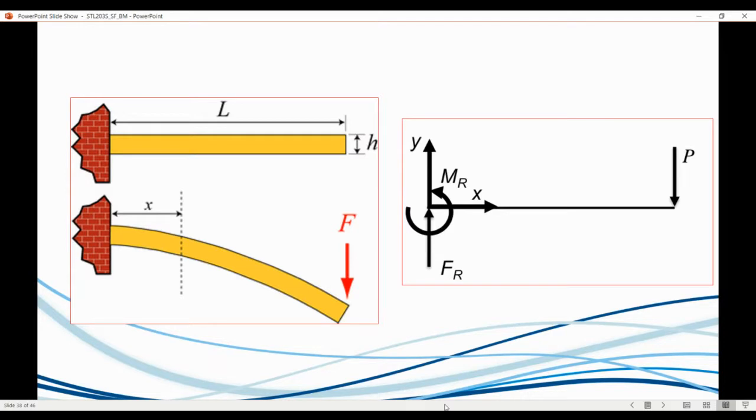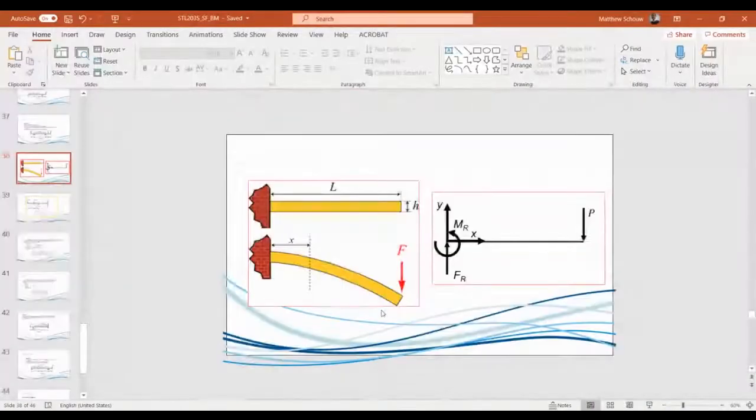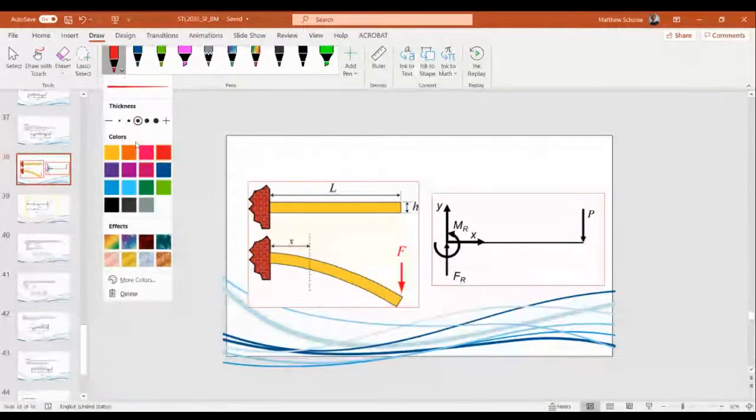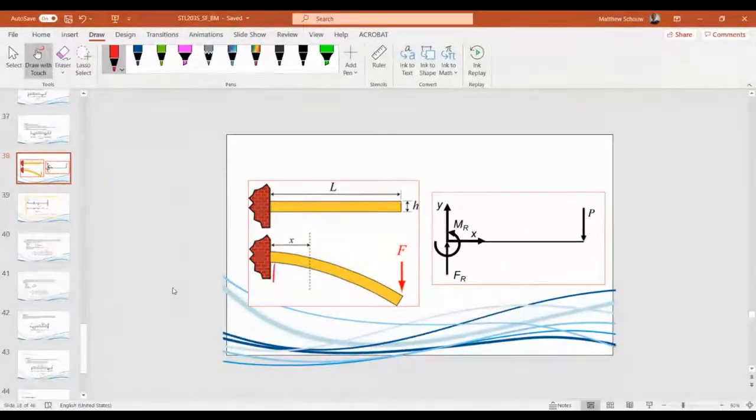At the wall, there's a resisting moment or a resisting force, obviously trying to counter the applied forces. It's still the same principle, but there's normally an extra resisting force, the FR they're referring to here, or resisting moment at the wall.